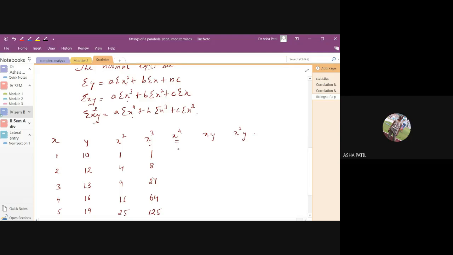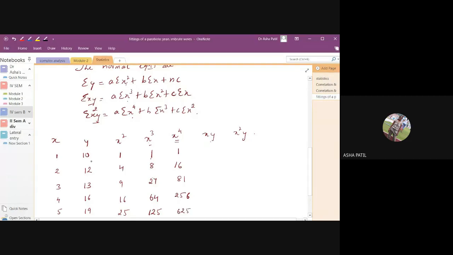Now x raised to 4: 1 raised to 4, 2 raised to 4, 3 raised to 4, 4 raised to 4. How much is it? Is it 256? Sorry. Is it right? 256. Okay. Then 5 raised to 4, 625.